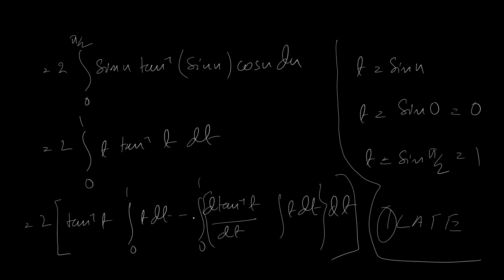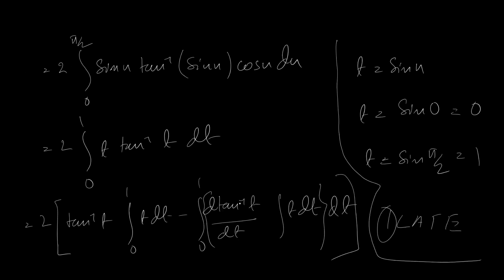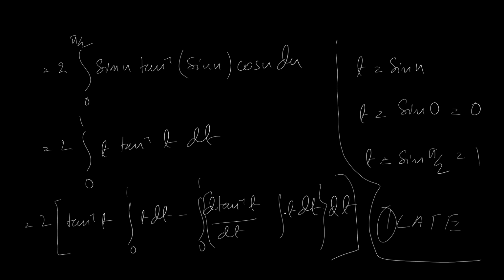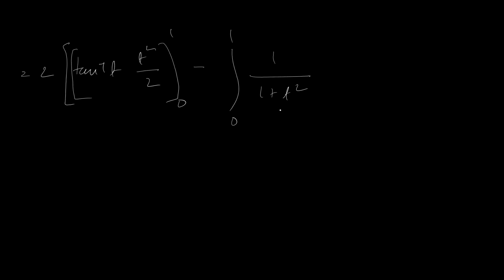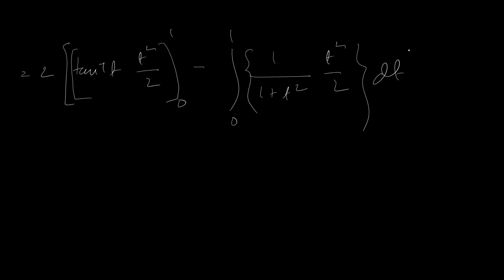This whole minus integration 0 to 1 of the differentiation of tan inverse t, which is 1 by 1 plus t square, times t square by 2 dt.